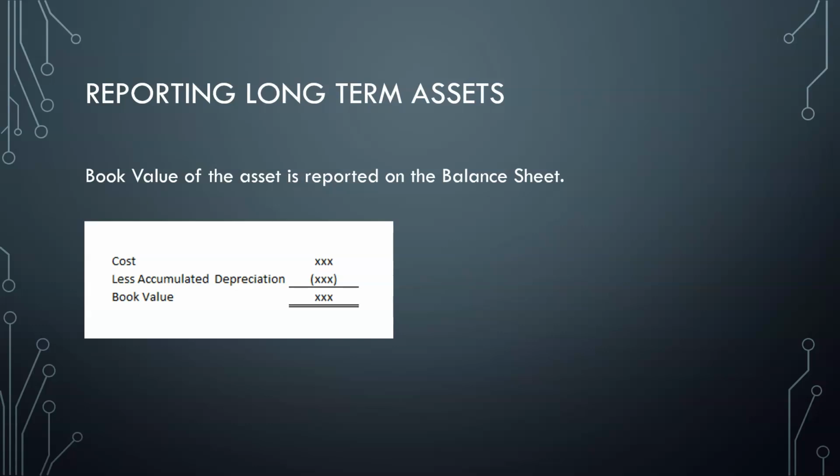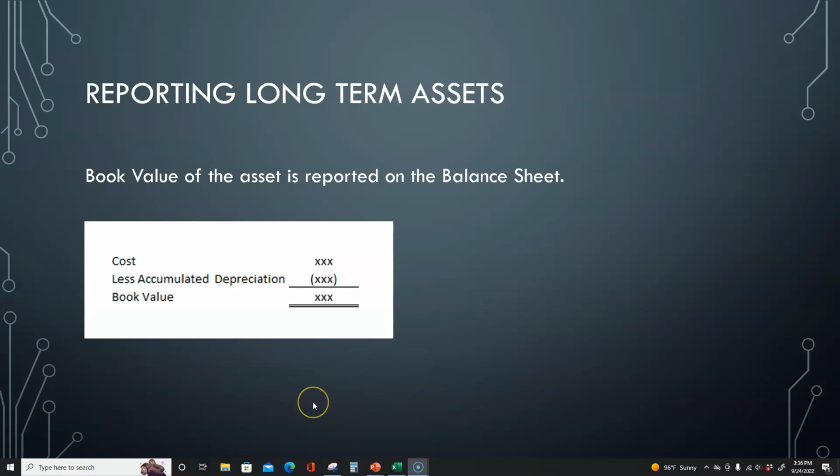And the book value of the asset is what's reported in the balance sheet. We don't typically call it book value. It's not reported as book value in the balance sheet. Sometimes they may say net asset or just show it as cost minus something called accumulated depreciation. It is very important to remember that book value is what's reported in the balance sheet relating to this long-term asset.